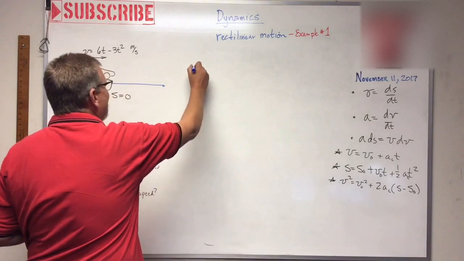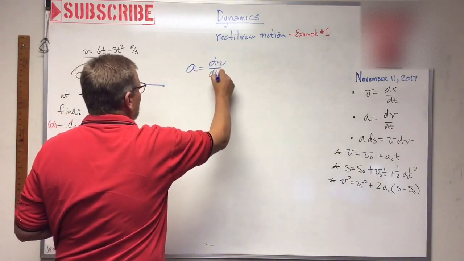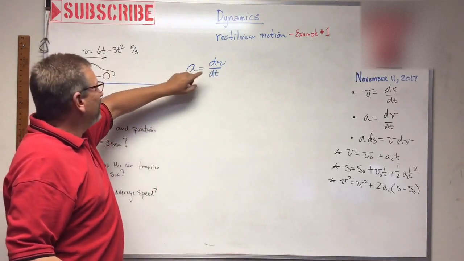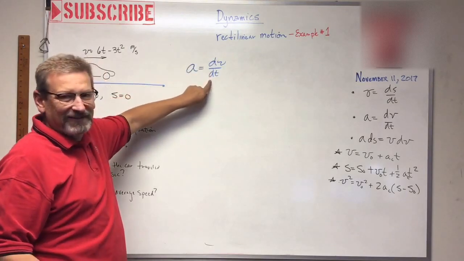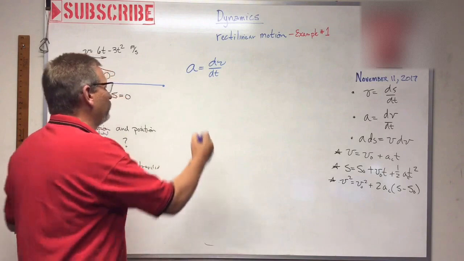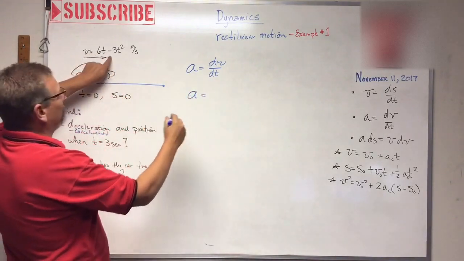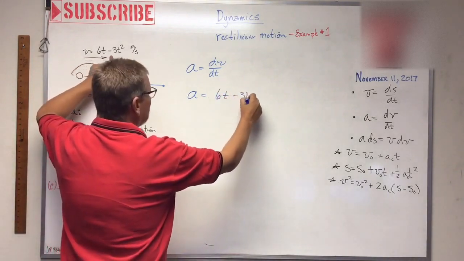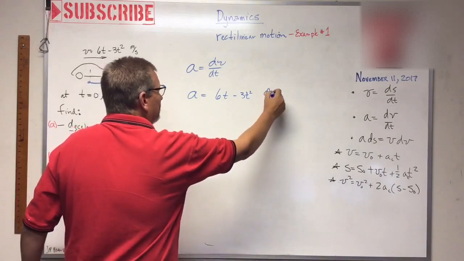Okay, so a is equal to dv/dt. And what is that? That is the derivative of the velocity with respect to time. Do we know how to take derivatives? Of course we do. So let's take the derivative of velocity, which is this thing, 6t minus 3t squared. We'll do dv/dt on that guy.